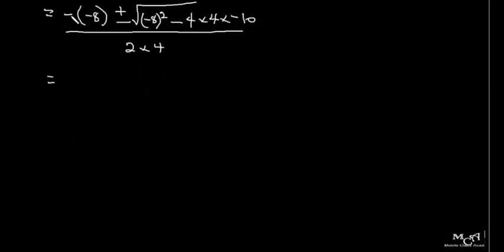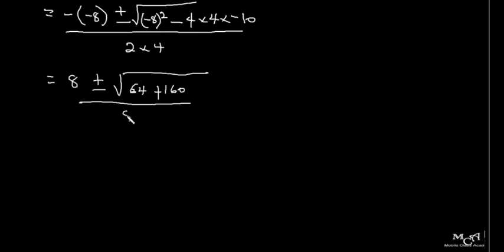So minus times minus 8 will give us 8, plus or minus square root of minus 8 squared is 64, minus 4 times 4, that's minus 16, times minus 10, that is plus 160. Are you with me? All over 8.